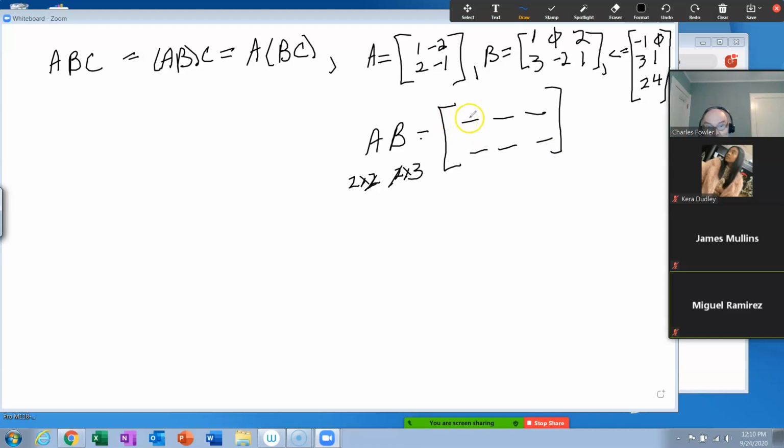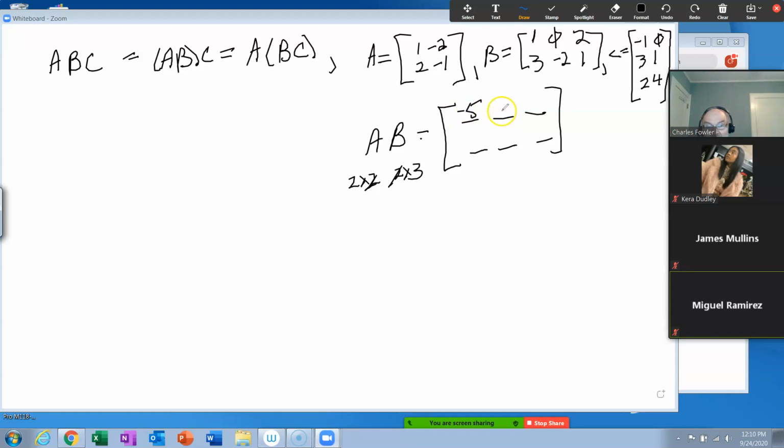So this first entry here is the 1, 1 entry. So we multiply the first row of A by the first column of B. It'll be 1 times 1 is 1, plus a -2 times 3 is -6. 1 minus 6 is -5.